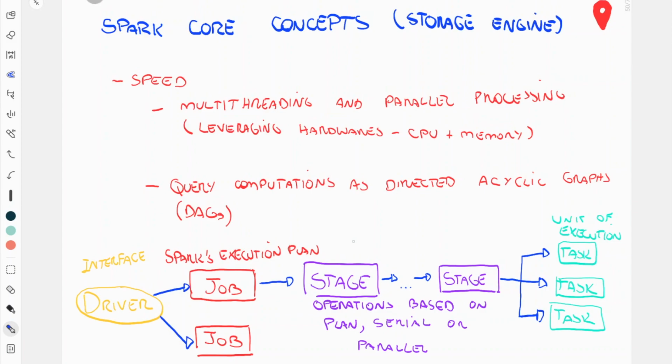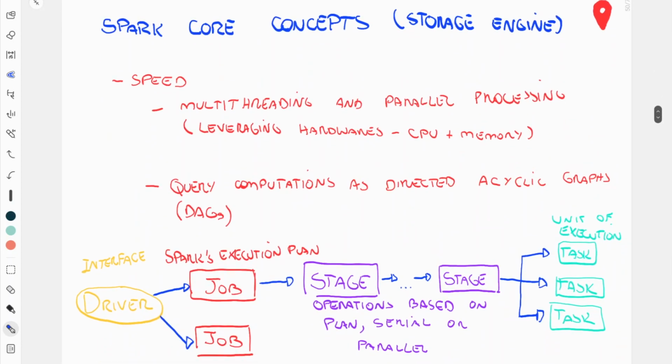So you have serial or parallel operations, and inside each stage you have the unit of execution, the real steps that are going to be executed per stage.